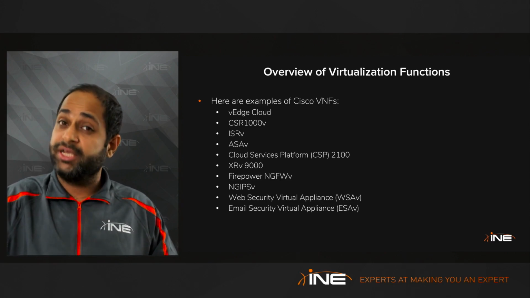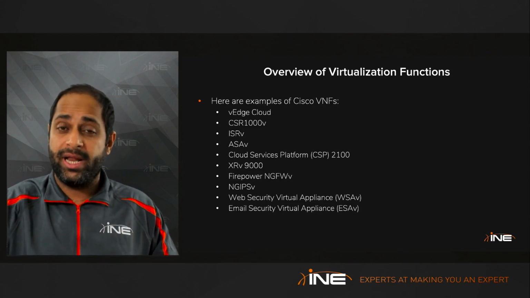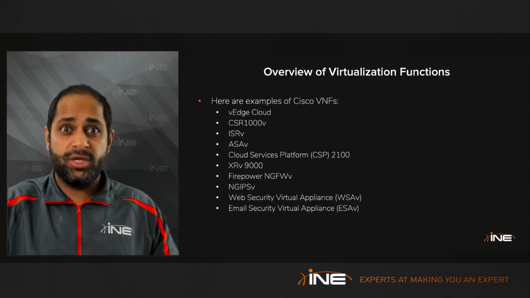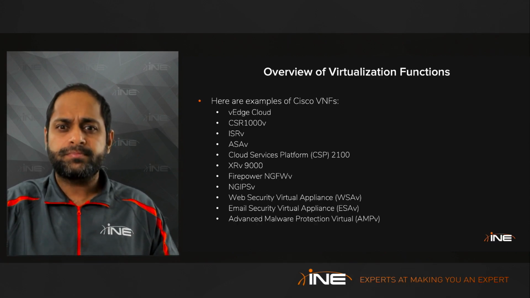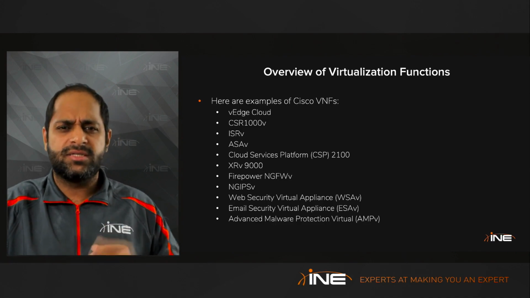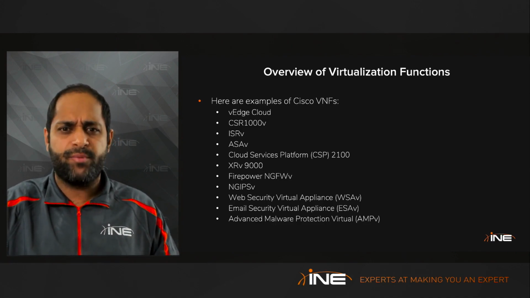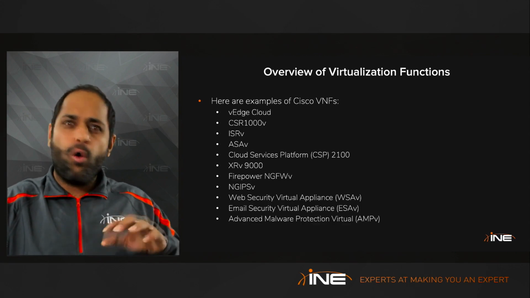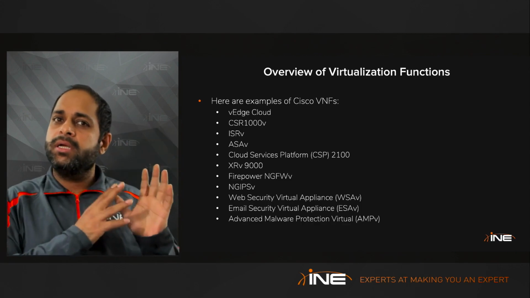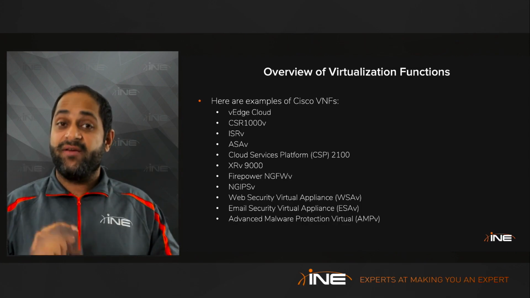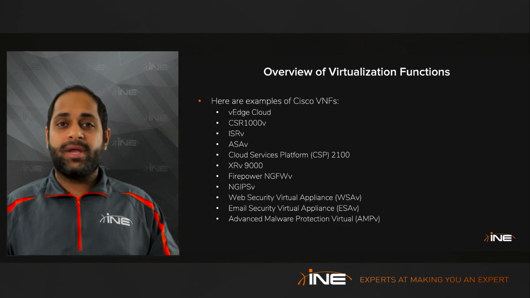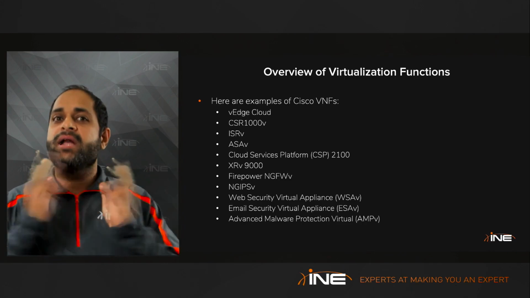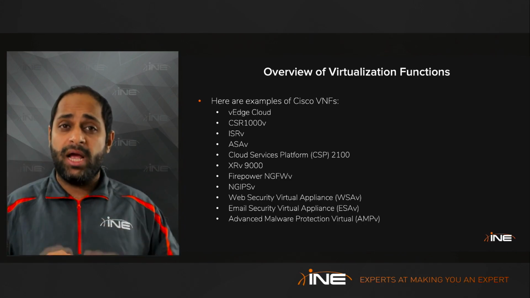We have an Email Security Appliance, which can also be deployed as a VNF, a virtual network function. Lastly, we also have Cisco AMP, Advanced Malware Protection, which is available as a virtual cloud also. Now, all of these, which were earlier hardware specific and vendor specific, can now be deployed on another platform as a virtual appliance.